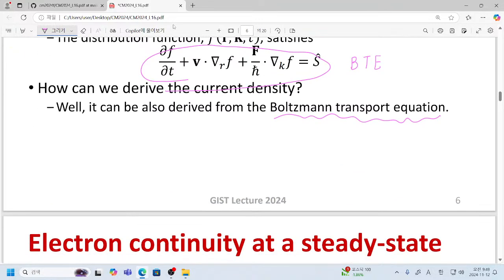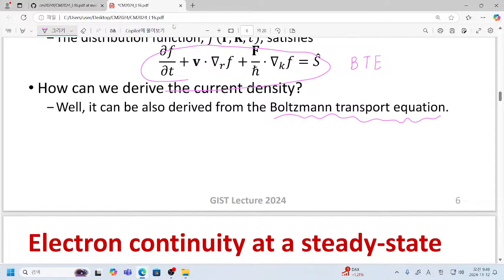So we are not introducing the continuity equation without any ground. Although we do not consider the derivation in detail, we can do it. If you are interested, please refer to our previous lectures, from one year ago, two years ago, something like that.